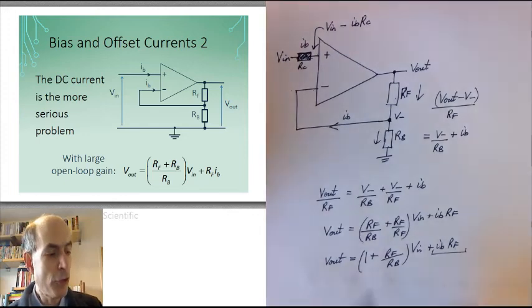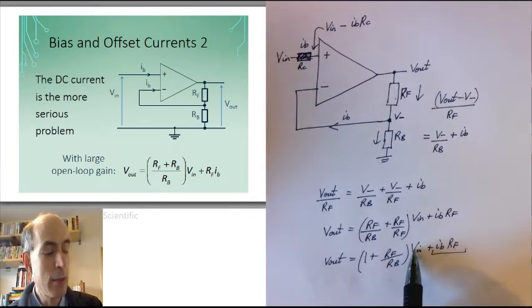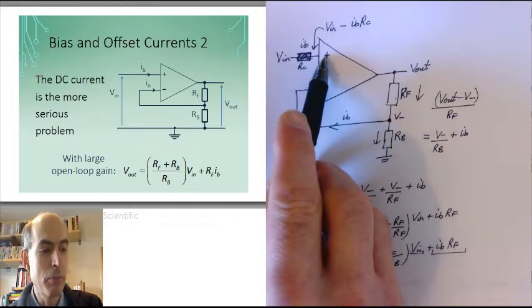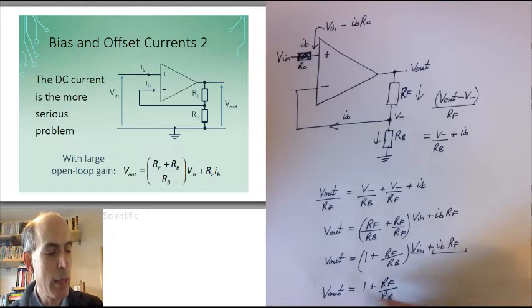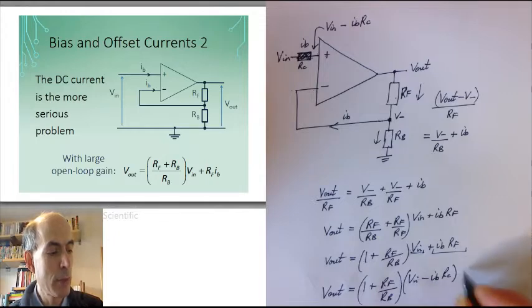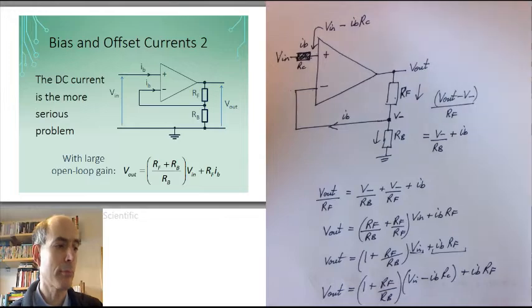So I can substitute in for Vin in my expression here for the actual voltage, which is now on the non-inverting input of the op-amp, and get Vout equals (1 plus RF over RB) times (Vin minus IB RC) plus IB times RF.